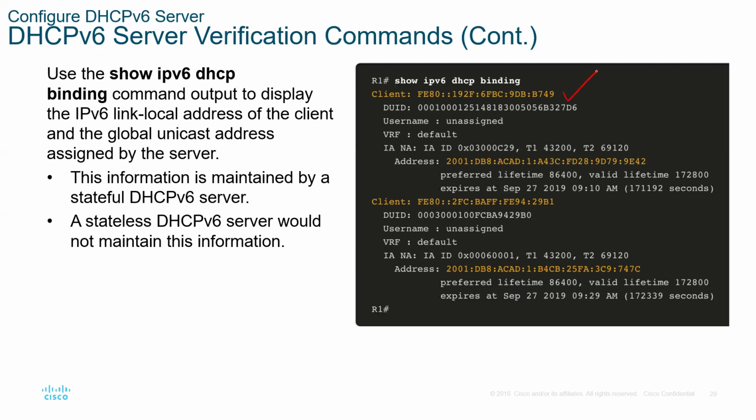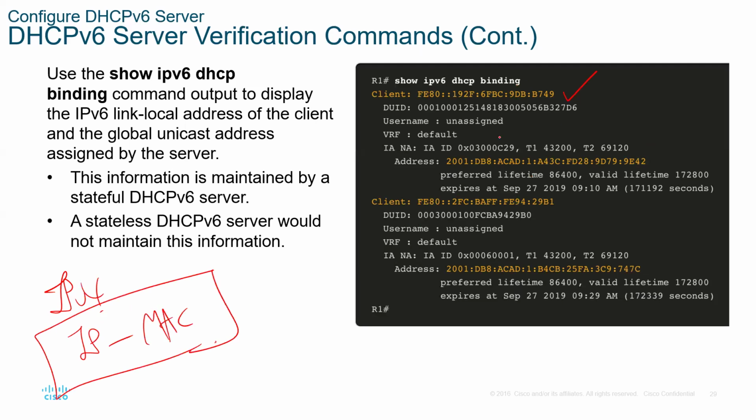For IPv4 binding, it uses the IP address and the MAC address. Here, I'm realizing it's using the link local address, FE80, and the GUA address, this one. That is what binding is with IPv6. I need to confirm with this one.